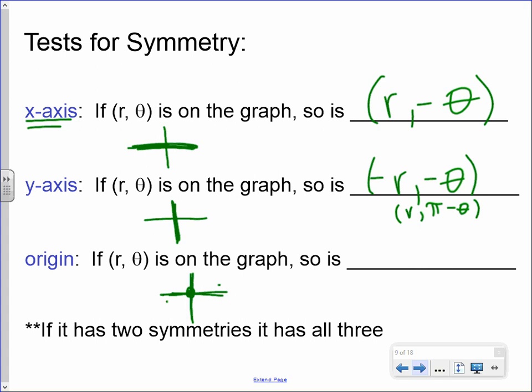Negative r, theta. You could also say r, theta plus pi, but you're probably not going to think of it like that. You're basically just adding pi, or rotation.